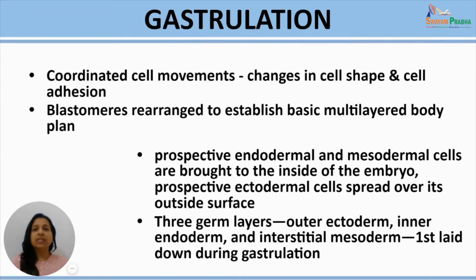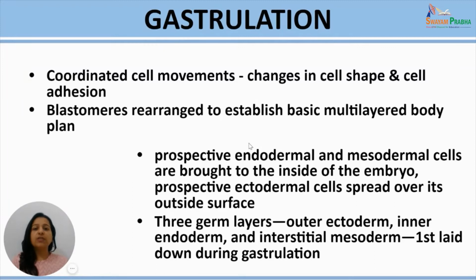All these processes are involved in gastrulation. So, gastrulation is basically a set of coordinated cell movements, which involves changes in cell shape and cell adhesion. During gastrulation, blastomeres get rearranged to establish a multi-layered body plan.